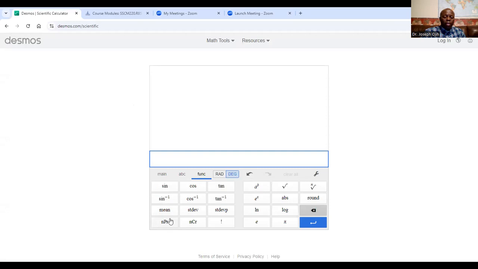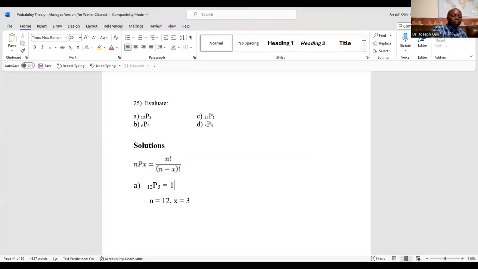That's the permutation. Click on it, then enter 12, 3. It gives me 1,320. So 1,320 is the answer.